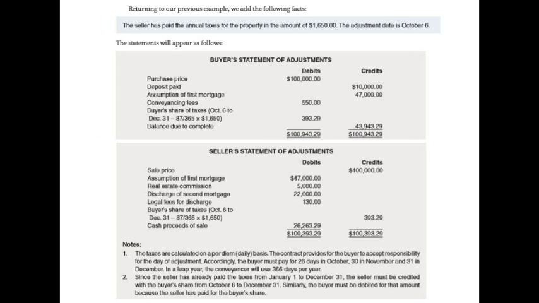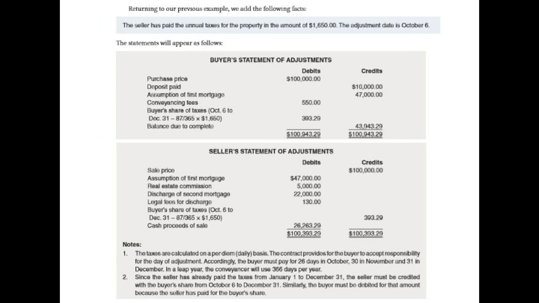Now, the buyer's share of taxes will be October 6th, because that's the adjustment date, to December the 31st. So that will basically be 87 out of 365 days. So we go 87 over 365, and then we times it by 1,650, because that's the year total.